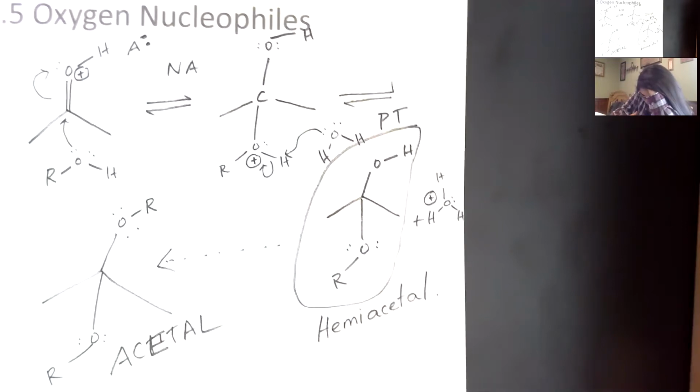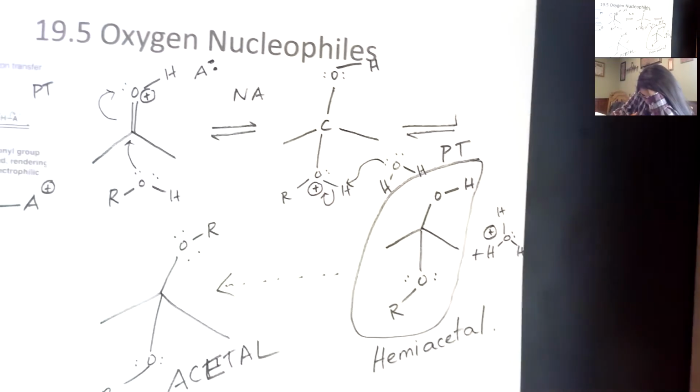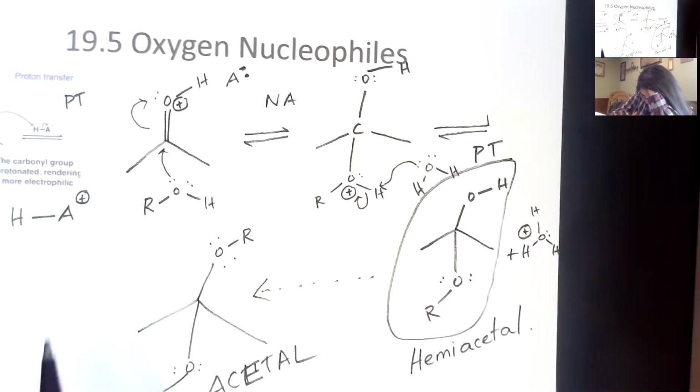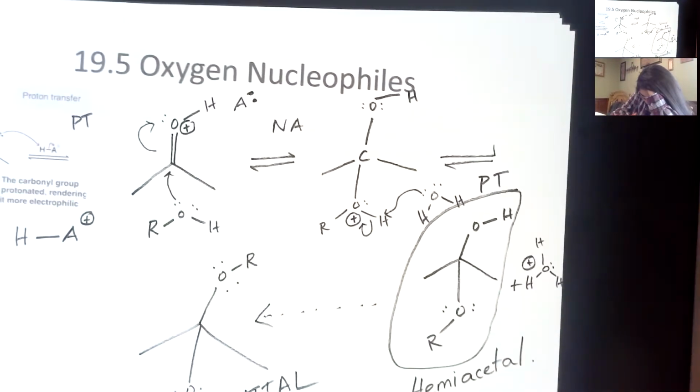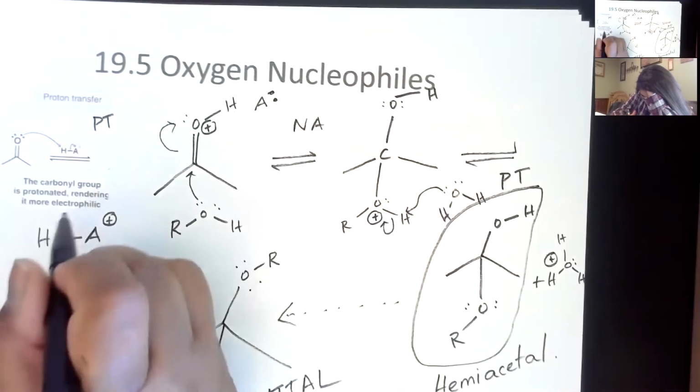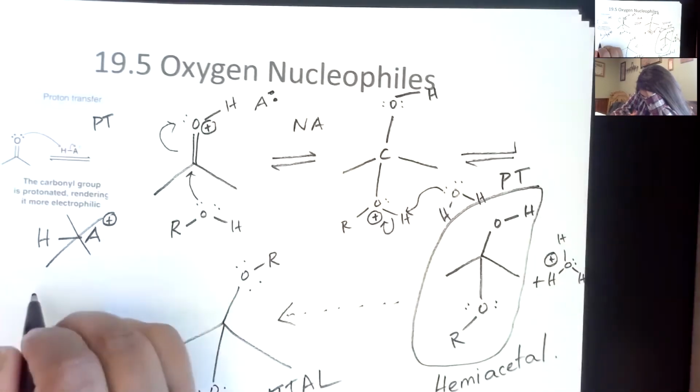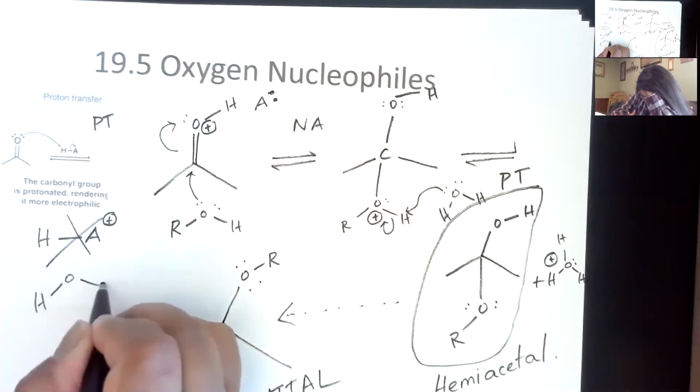All right. So what have we seen so far? Proton transfer, because it's under acidic conditions, and this is the normal step. And they're using this as their acid. I'm going to use this as the acid.